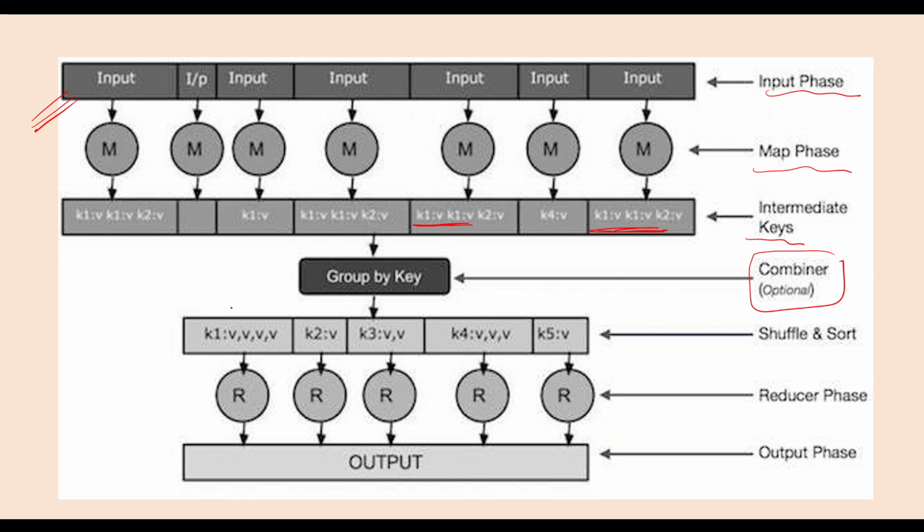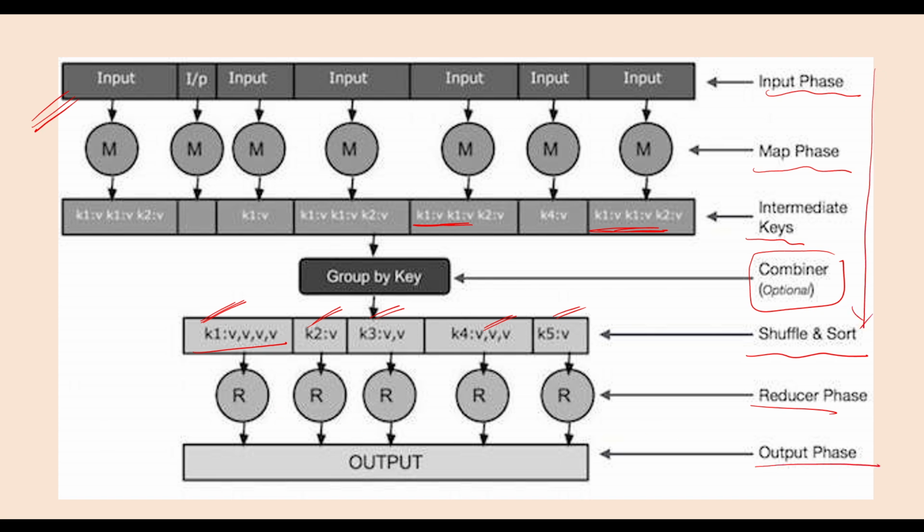Based on the same key, it will arrange, sort, and shuffle the data. The combiner is grouping the data basically, then shuffle and sorting happen, then the reduce phase, which is basically aggregation, and the output phase.